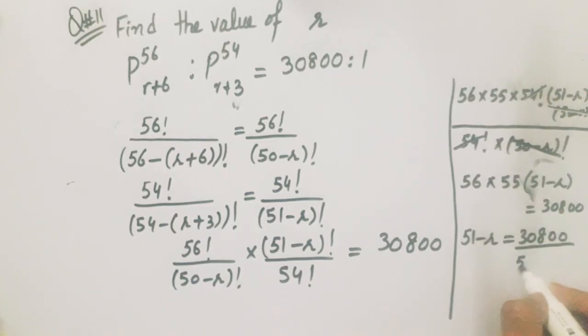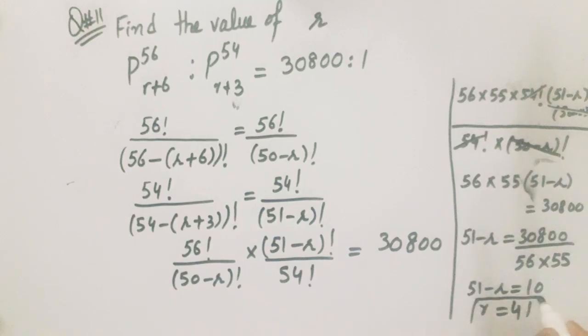So 51 minus r is equal to 30800 divided by 56 multiply 55. So 51 minus r is equal to 10. So r will be equal to 10 minus 51, which is minus 41. Minus minus cancel out, and the value of r is equal to 41. Now we will solve the last question.